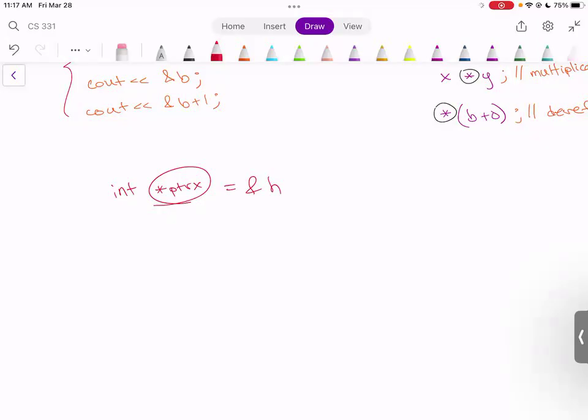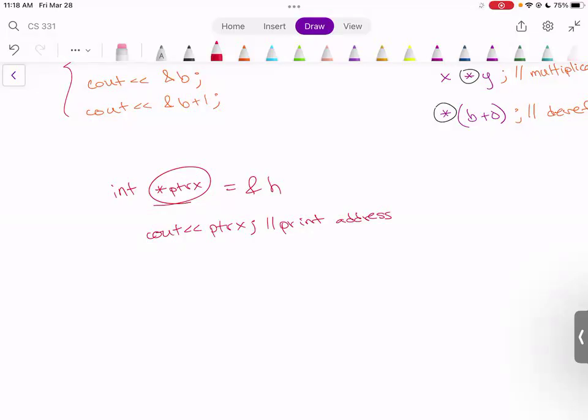Here you have a pointer that's pointing to an address, right? If I say cout ptrx, it's gonna print out the address, right?